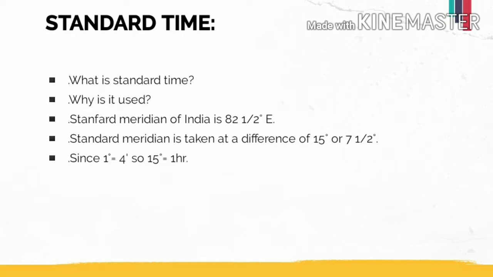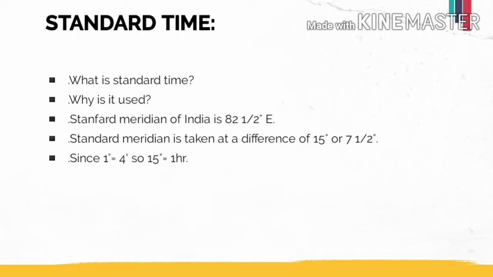The meridian we use as a standard meridian is the meridian in the center of a particular country. That particular meridian is used for the standard time. Talking about the standard meridian, 82.5 degree east is the standard meridian of India.